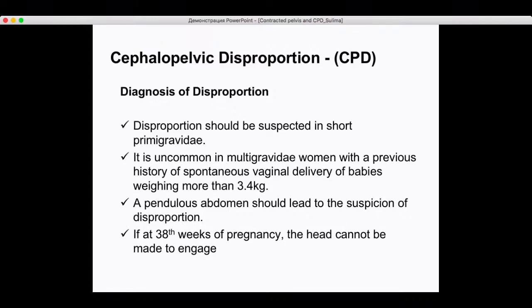A pendulous abdomen should lead to the suspicion of disproportion, if at 38 weeks of pregnancy the head cannot be made to engage.